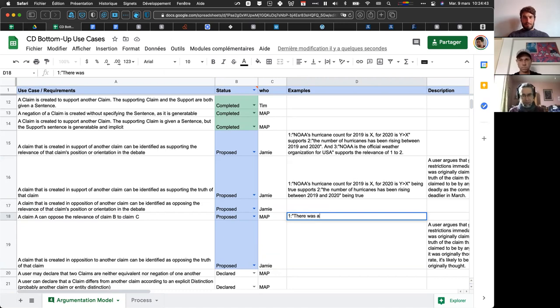There was a cold spell in central US in 2017, was it? Or 18?